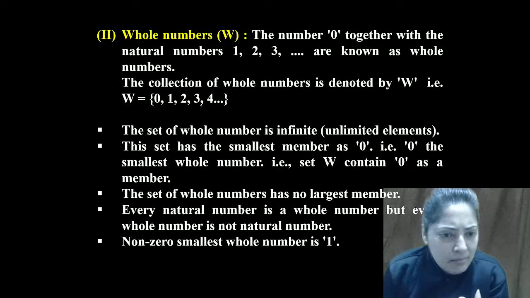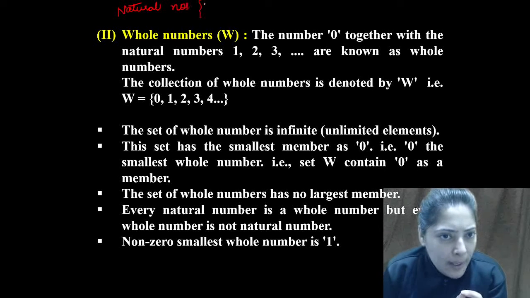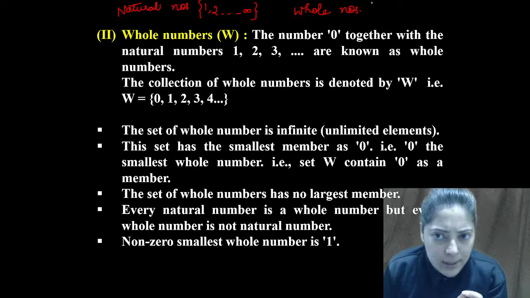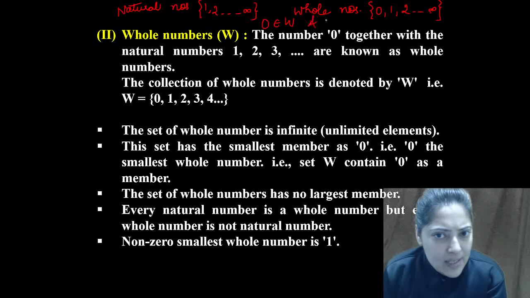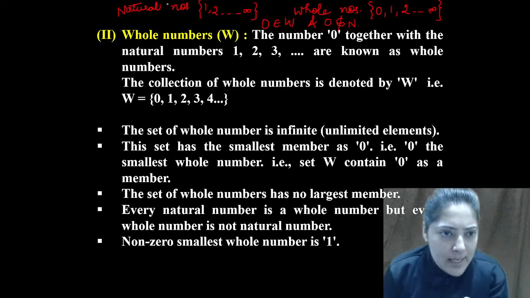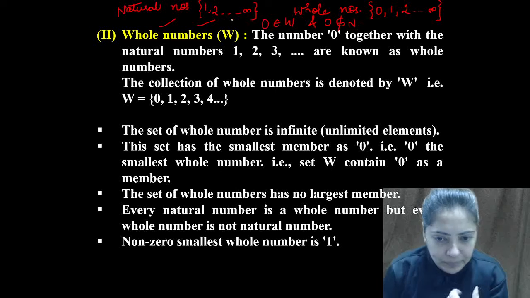The only difference between whole numbers and natural numbers is natural numbers start from 1 till infinity, whereas whole numbers start from 0, ठीक है, till infinity. Or you can say 0 belongs to whole numbers and 0 does not belong to natural numbers. ठीक है, this is the way of representing a set.